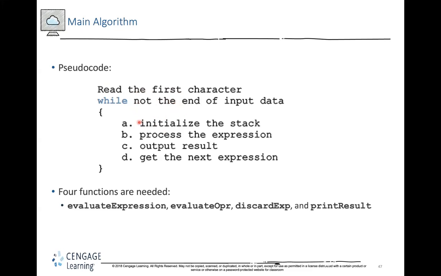Inside this, we get the stack initialized, process the expression, output the result, and evaluate the next expression, essentially assuming we have multiple expressions here. So this is to process all the expressions.